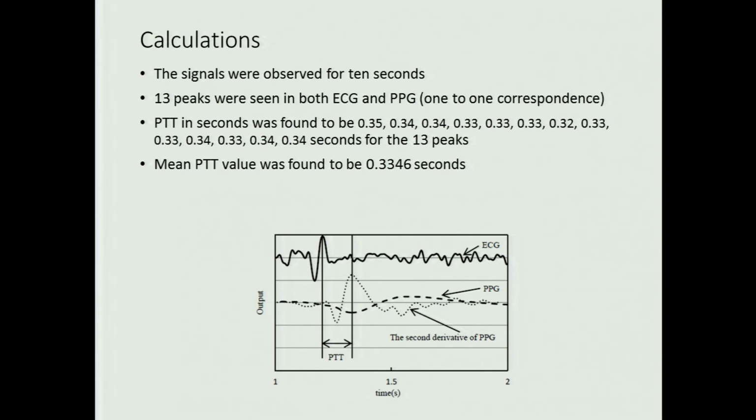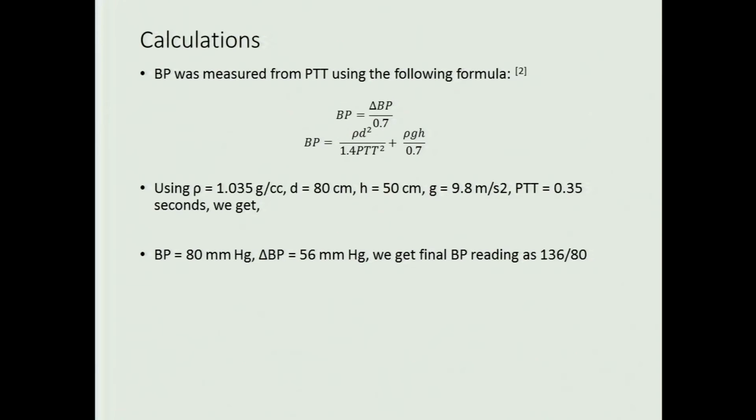The PTT in seconds was found to be in these locations. I do not want to repeat them, 13 peaks. And then the mean PTT value was found. You take the PTT value for the various peaks, 13 of them, and then average them. Those are all easy, only finding the second derivative and doing that.